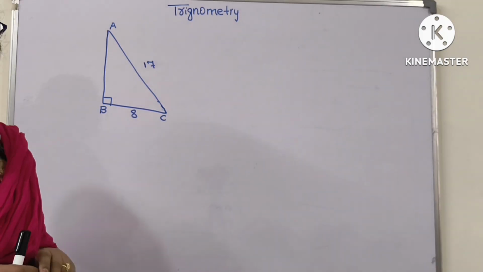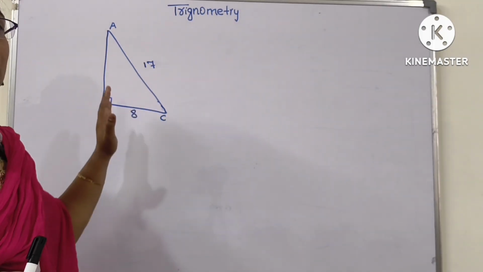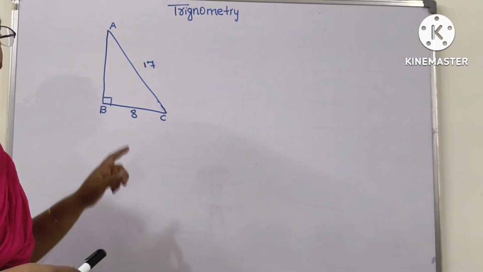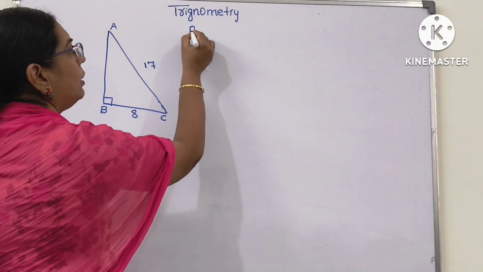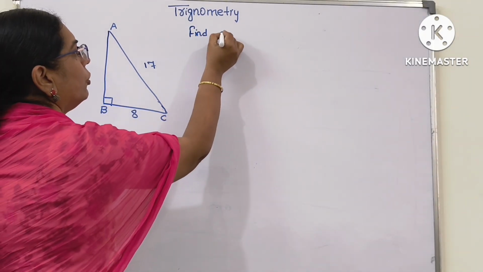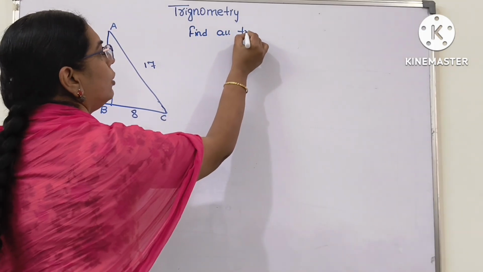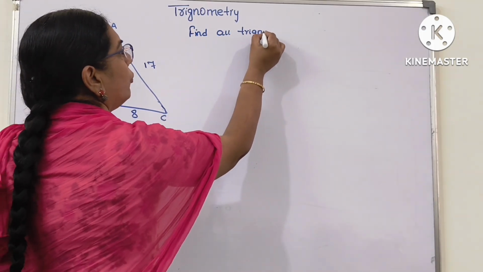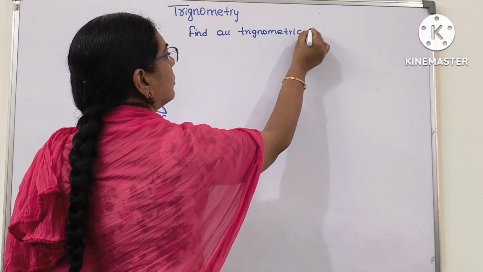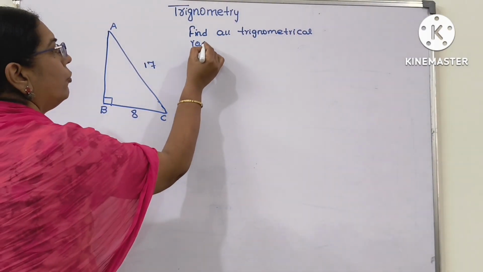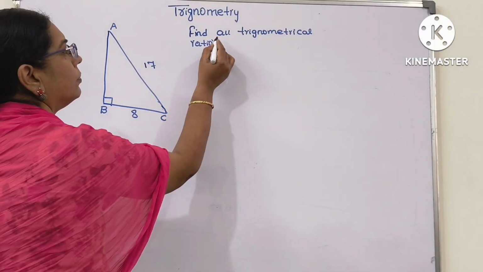Now, the question will be something like this: find all the trigonometrical ratios for acute angle C.